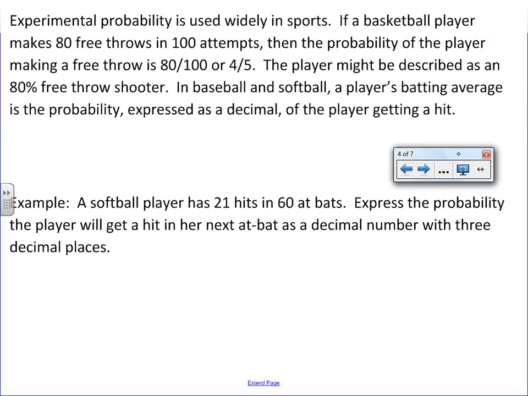Okay? In baseball and softball, a player's batting average is the probability expressed as a decimal of the player getting a hit. So if anybody in here watches MLB, you're a Cardinals fan, hopefully not a Royals fan, and whenever a batter comes up, they'll give that batter's probability, that batter's batting average in many ways.